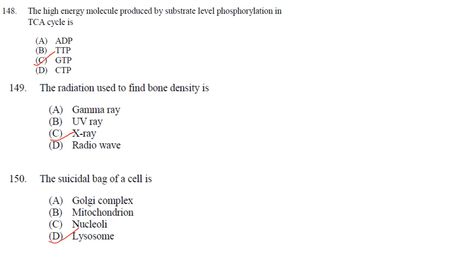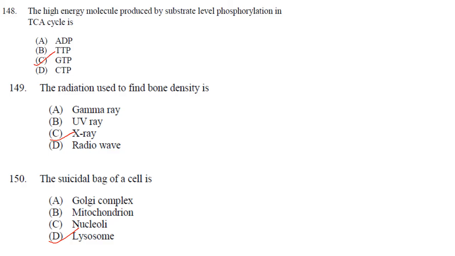Now if it is GTP that is produced, then GTP can form ATP through coupled reaction. So the answer here is GTP. Answer is option C. Then the radiation used to find bone density is. Answer is option C, that is X-ray.